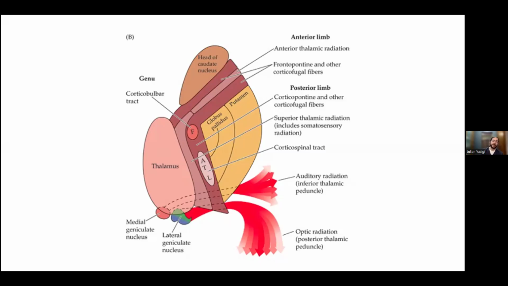And as far as the sublenticular part, it contains the temporal optic radiation, including the Meyer loop, and contains auditory radiation fibers to primary auditory cortex, as well as temporopontine fibers. Lesions here may cause contralateral superior quadrantanopia from Meyer loop involvement and may cause subtle auditory processing deficits as well.